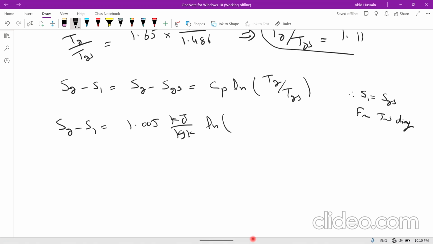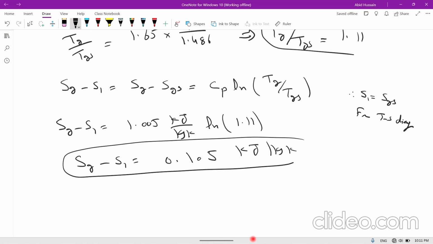T2 divided by T2s is equal to 1.11. Now take the natural log of 1.11 and multiply by 1.005. So S2 minus S1 will be equal to 0.105 kilojoule per kilogram per Kelvin. The positive sign means that entropy increases.